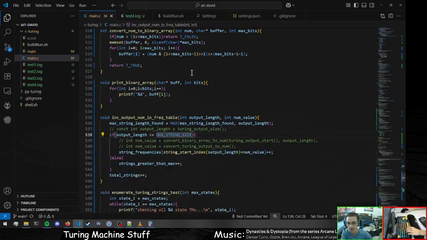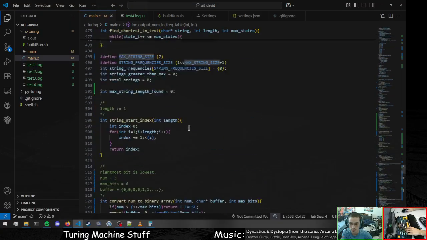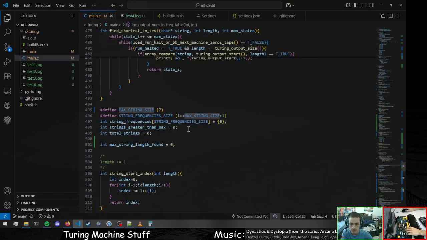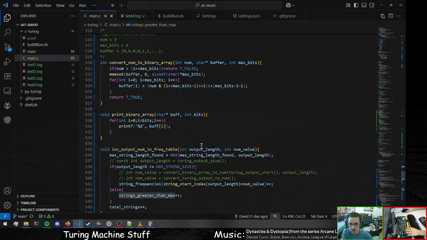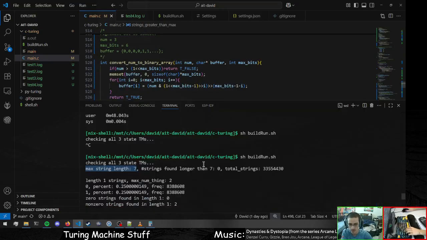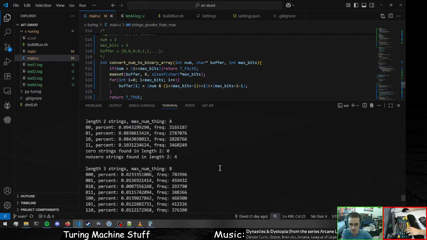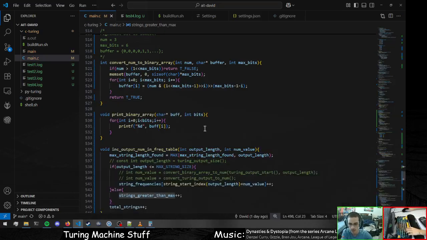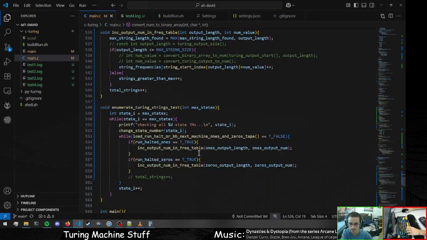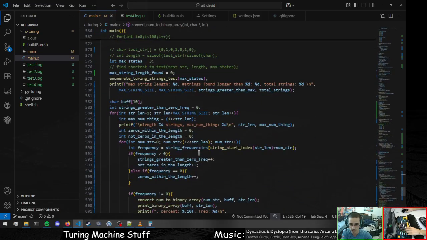Right, so I think I have to do something here. So this can include 7, so I don't know why, because it said 0 strings thingy, but it didn't include the 7, up to 7. I think I'm supposed to do this.